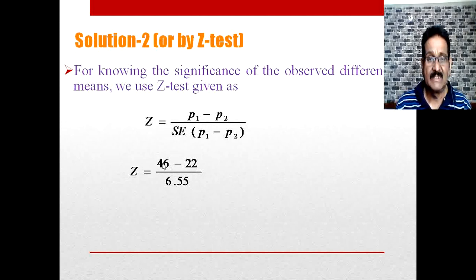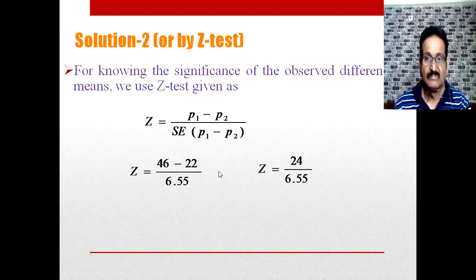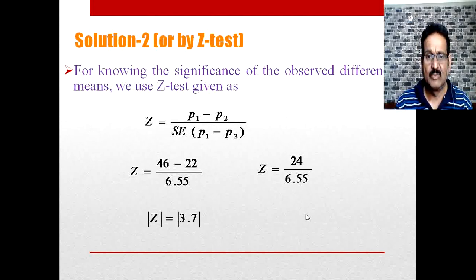So 46, the P1, minus 22, the P2, divided by 6.55. Z equals 24 upon 6.55. When you divide these two quantities, you will get 3.7. When you take the mod value, again it is 3.7.